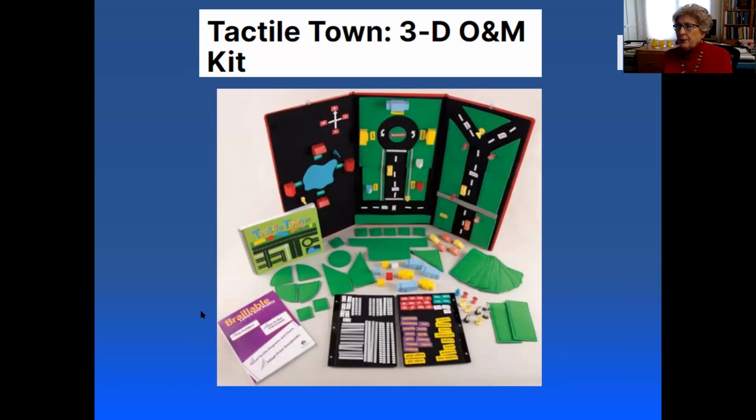It's like a giant Wheatley kit, which is a wonderful, wonderful tool as well. It's a bird's eye view of what an intersection is going to look like, or where the library is, or whatever you want to create as a map of somewhere to go, a mobility map. That's a great tool as well.